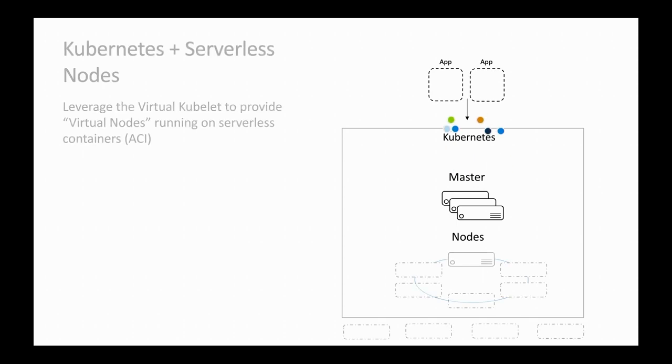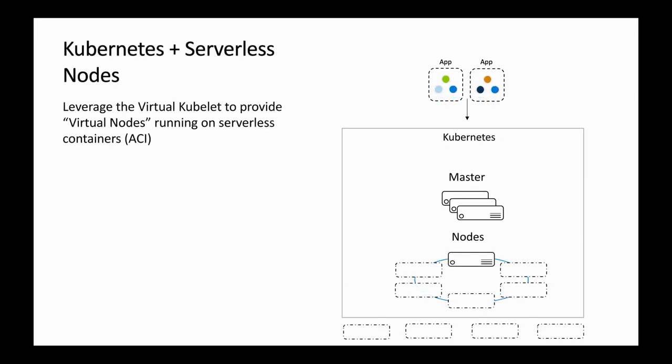And so the feature that helps out here is serverless nodes, or virtual nodes, a feature of Azure Kubernetes Service. You can take a cluster inside of Azure Kubernetes Service and enable what are called virtual nodes. That means by default, you might only have 1 or 2 or 3 nodes that you're paying for.